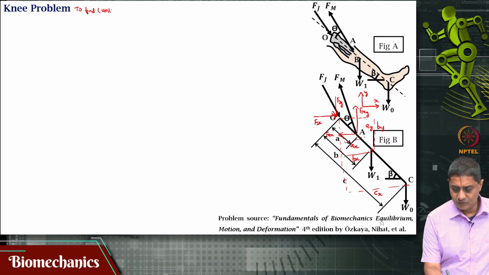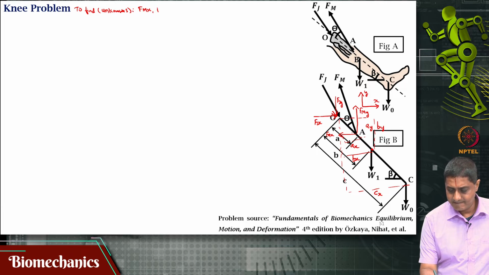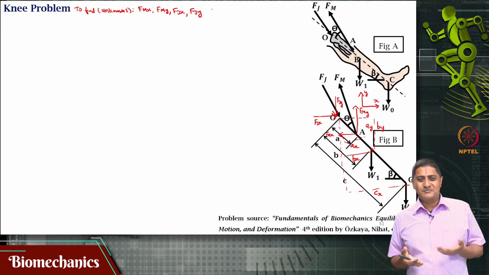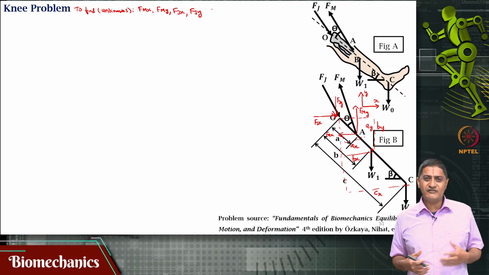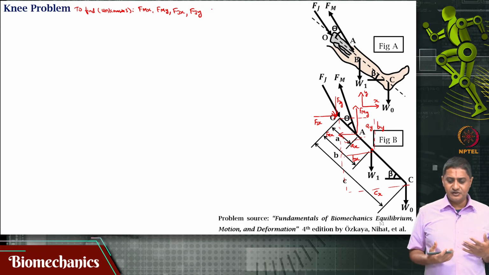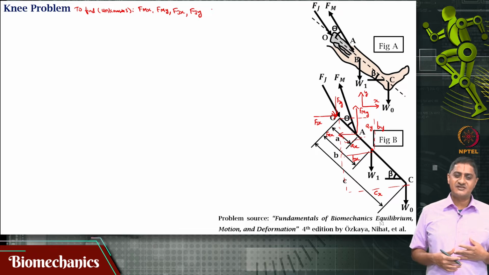The unknowns are Fmx, Fmy, Fjx, Fjy. Essentially, the problem asks for the joint reaction force and the muscle force. So, Fm and Fj are what is asked. We will have to find the individual components and then find the total muscle force and the total joint reaction force. So, essentially we need to find out Fmx, Fmy, Fjx, Fjy.